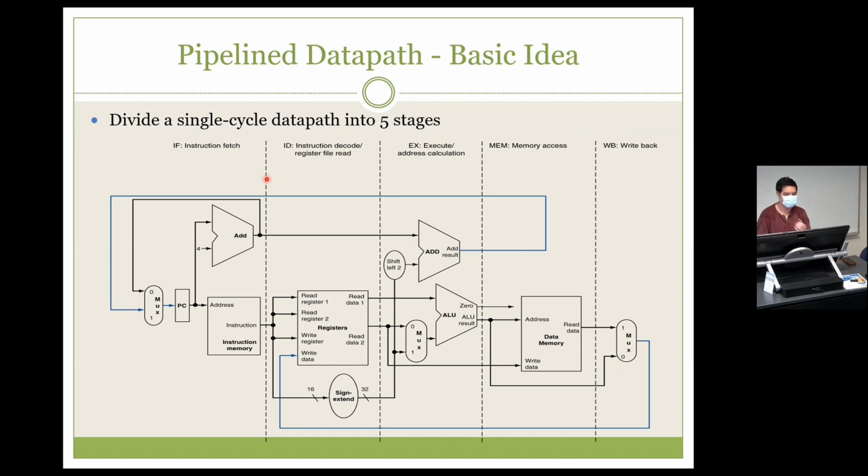So what sequential component should I put in between these different stages in order to save the results of the instruction fetch and then start the instruction decode and be able to start a new instruction fetch?